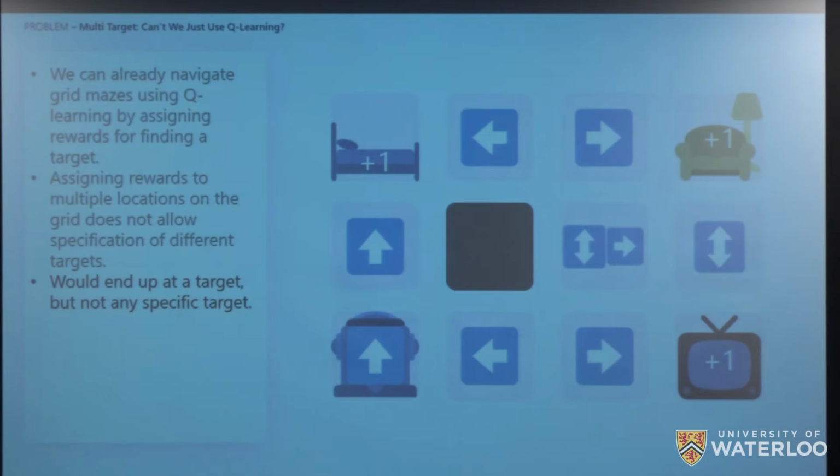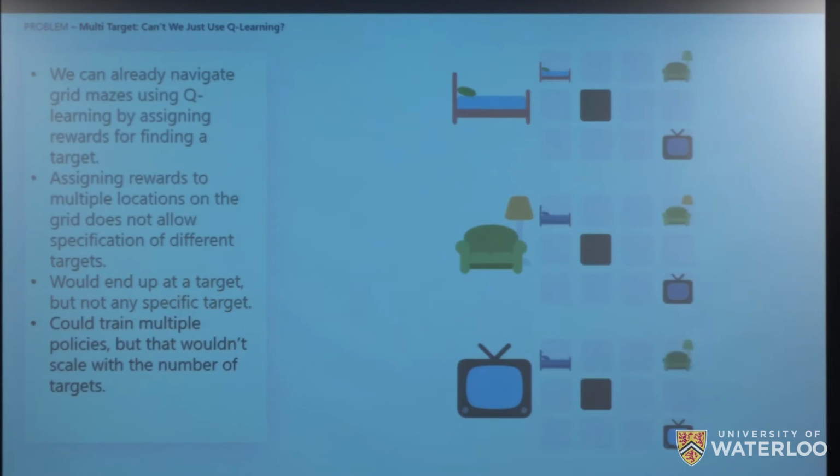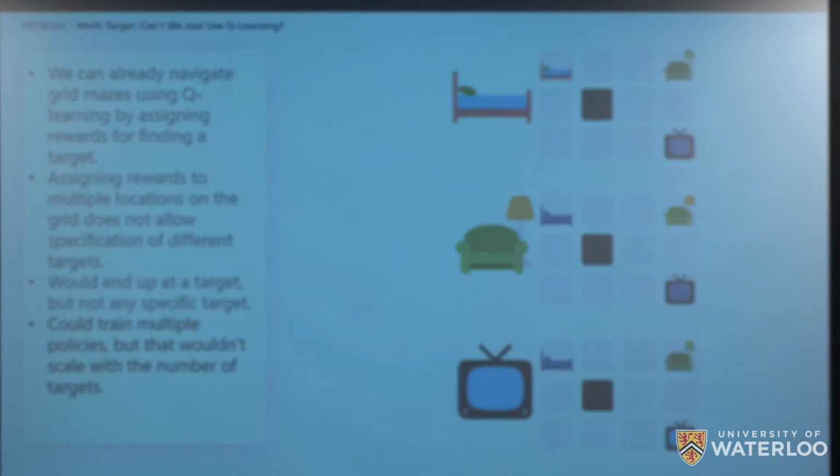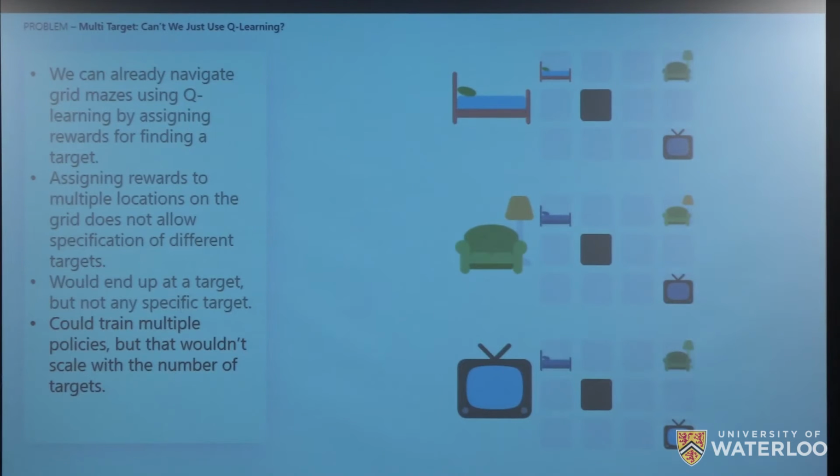Another idea that we're going to explore a bit more is training a different policy for every target. This will definitely work. If you want to go to the bed, we just use the bed policy. If we want to go to the TV, we use the TV policy. But there's going to be some scaling issues here because we will have one policy per target.